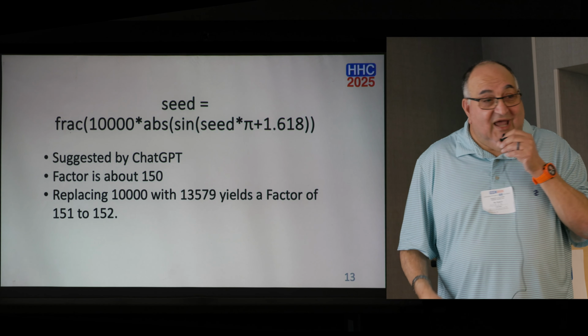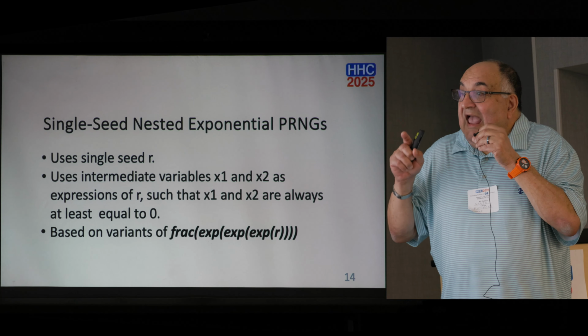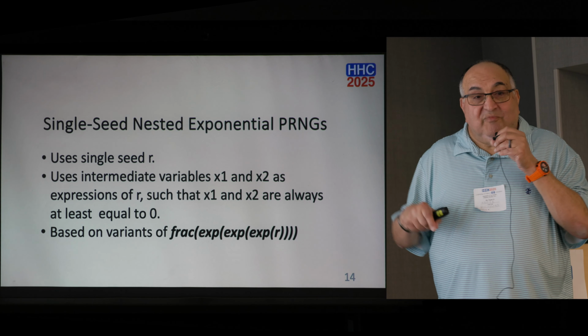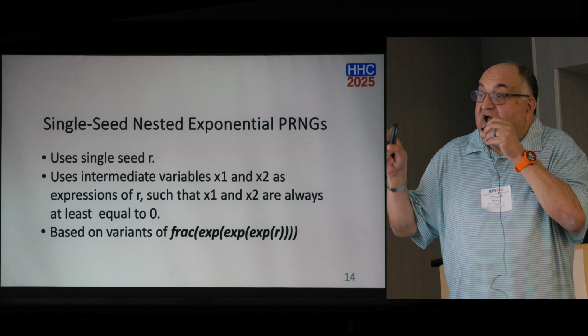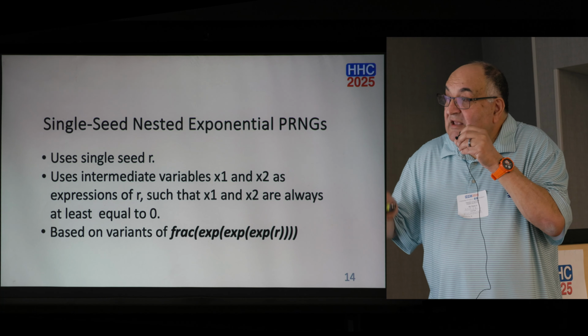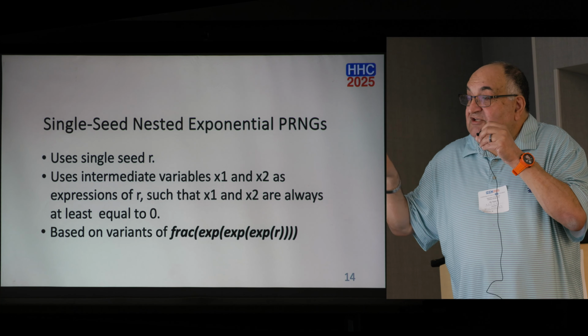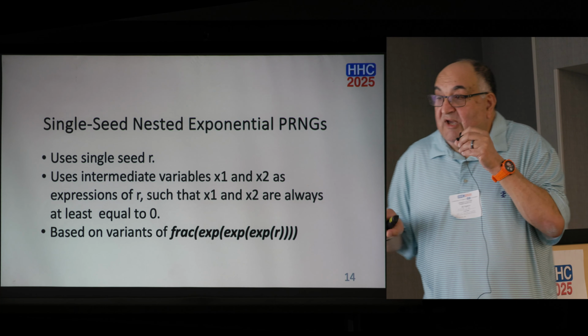Now I go to the single nested exponential. It uses a single seed, single random number, and it uses intermediate variables x1 and x2 as expressions of R, such that x1 and x2 are always between 0 and 1 or between 1 and 2.